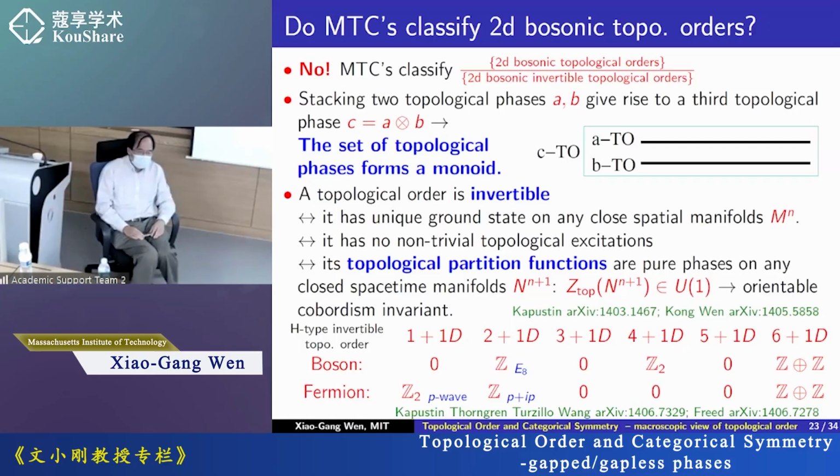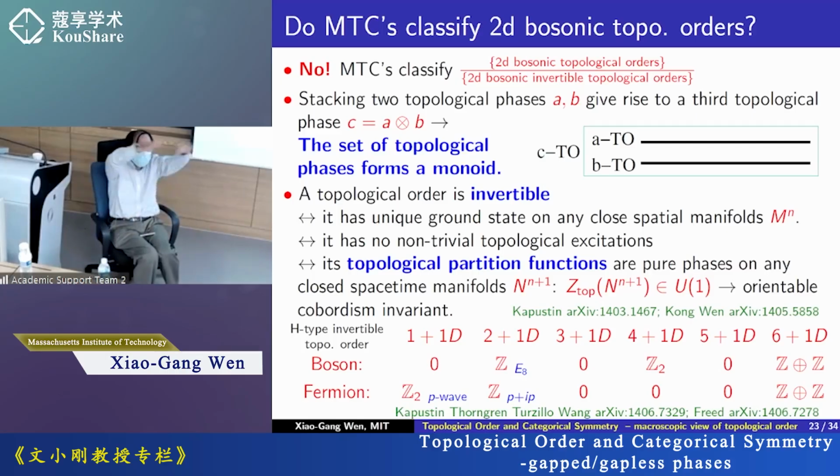Another thing is why we have fracton order in 3 dimensions, not in 2 dimensions. In 3 dimensions, the two-dimensional layers can have non-trivial, non-invertible topological order. Stacking non-invertible topological orders gives us a layered structure which cannot be destroyed, and so this foliation would persist. So fracton order is intrinsically related to non-invertible topological order in 2 dimensions.